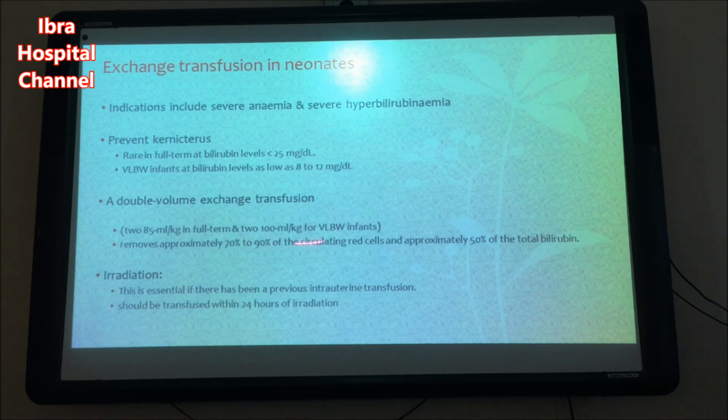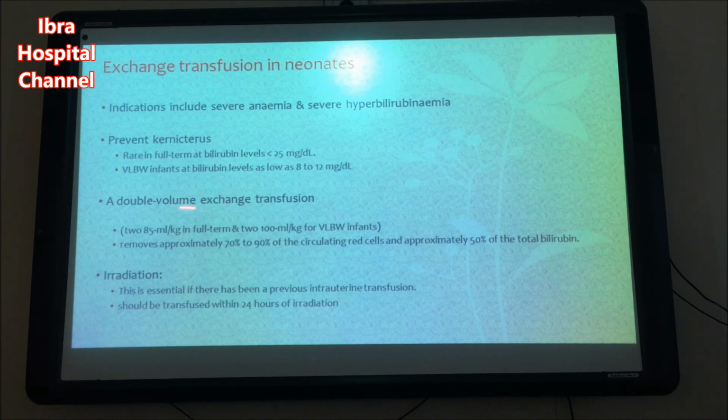Exchange transfusion is another important area to cover, and here it is indicated in severe anemia or severe hyperbilirubinemia. The aim is to prevent kernicterus, which is rare in a full-term baby if the bilirubin level is below 25, but if bilirubin is higher than that level, there can be a very high risk for kernicterus.